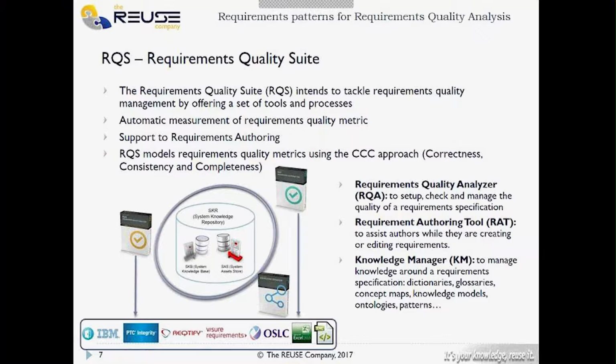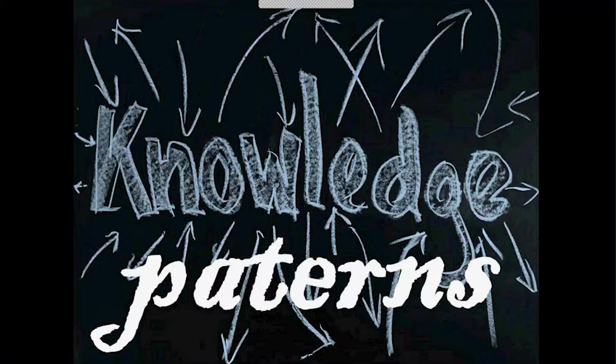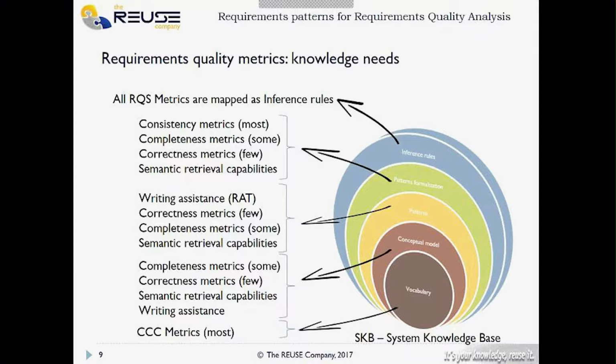the rest of what we call the system knowledge base, which, as you probably remember, is composed of different layers of information. This slide comes from our previous webinar, where we introduced all these five layers of information.